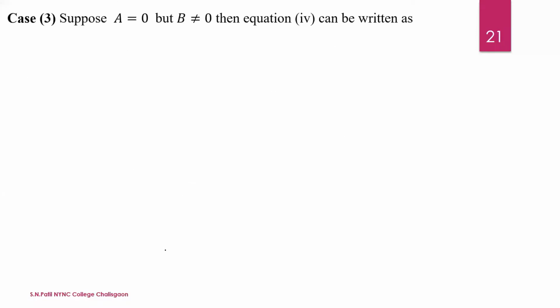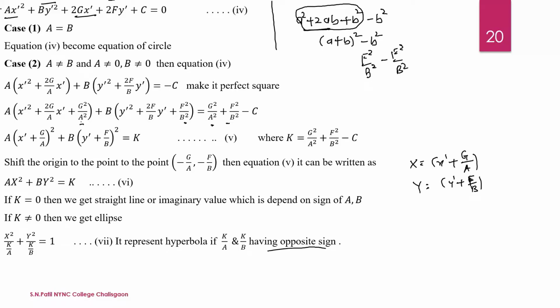Now next, suppose a is 0 and b is not 0. A is 0, b is not 0, means what? We get the quadratic. Now we discuss equation number 4 and its cases. The first case, a is equal to b, we get the ellipse, and also we get the hyperbola if k upon a and k upon b have the opposite sign.